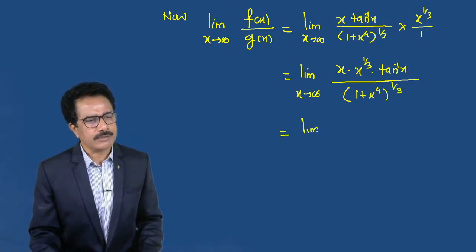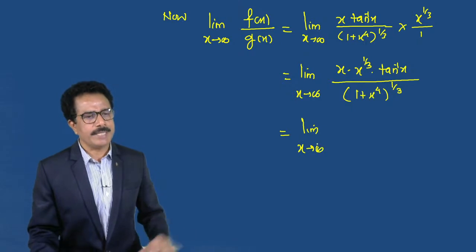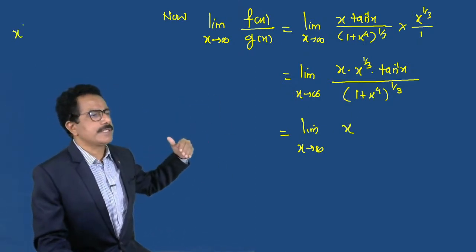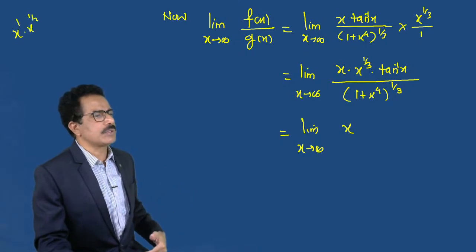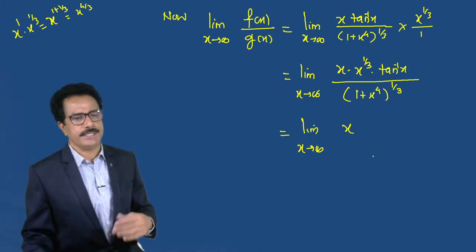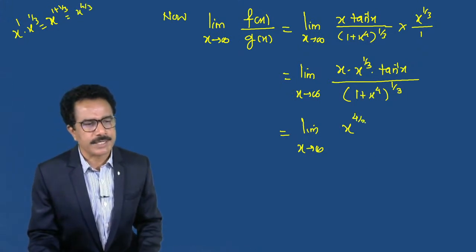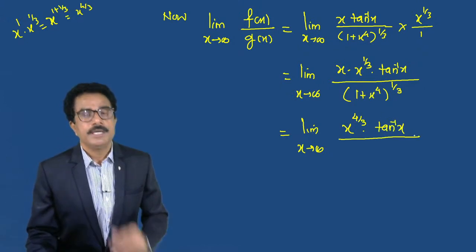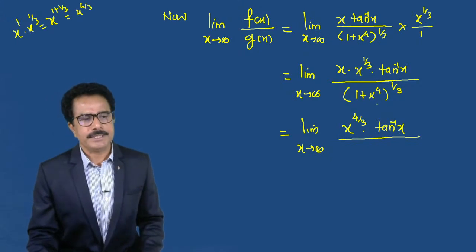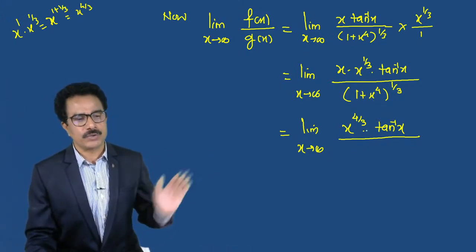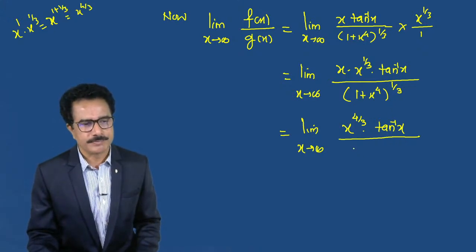Now you can take a common x raised to 1 by 3. x raised to 1 into x raised to 1 by 3 means x raised to 1 plus 1 by 3, that means x raised to 4 by 3. So we can write x raised to 4 by 3 into tan inverse x divided by, now take the highest power common from the bracket, x raised to 4.